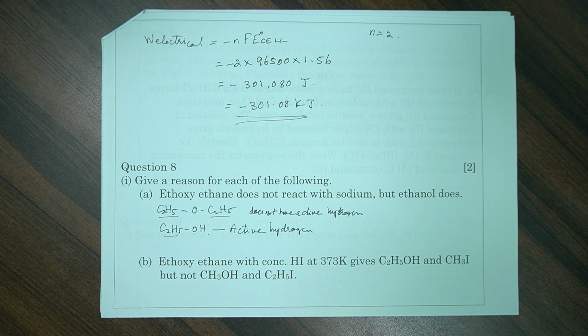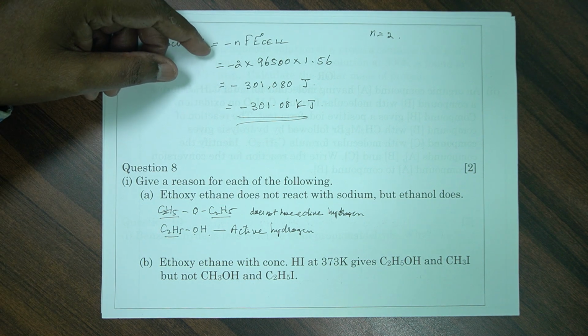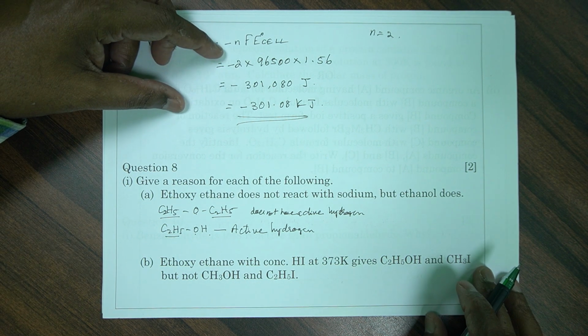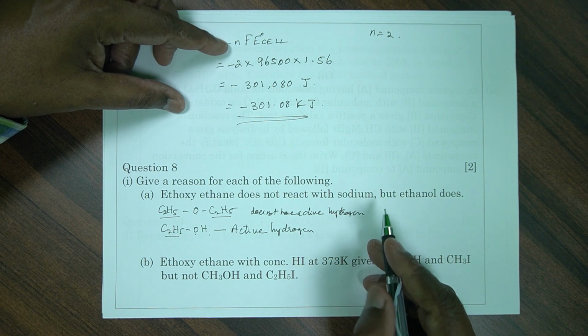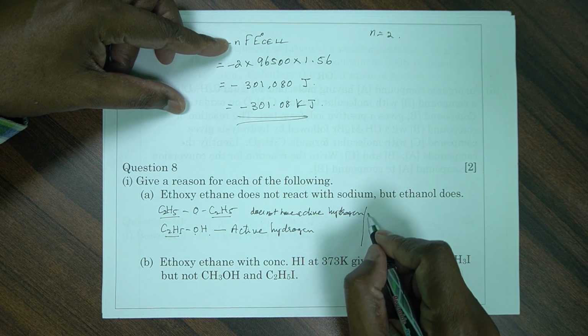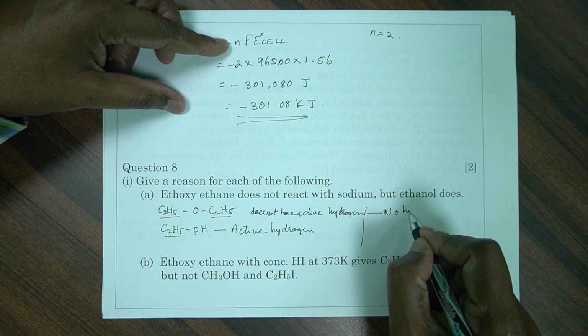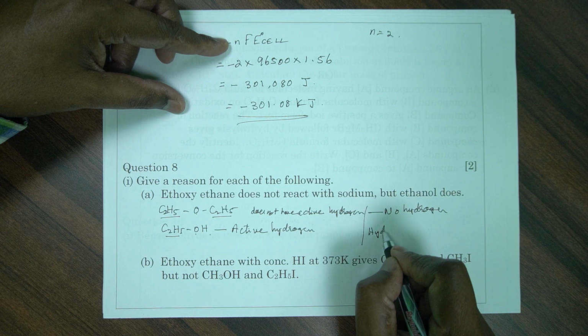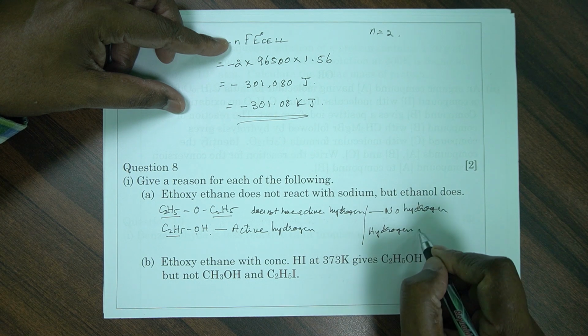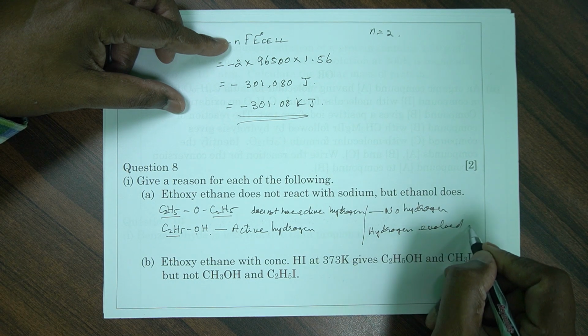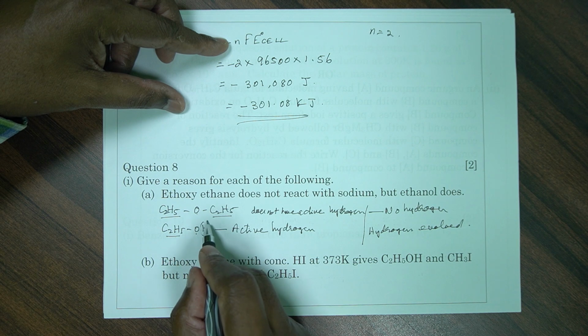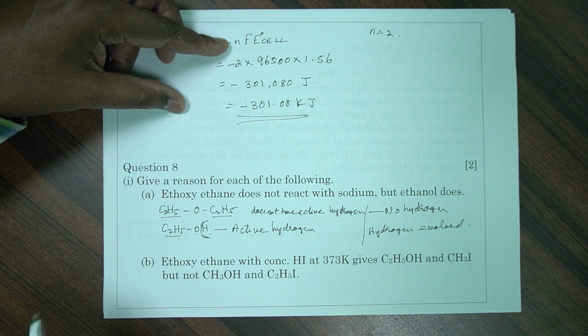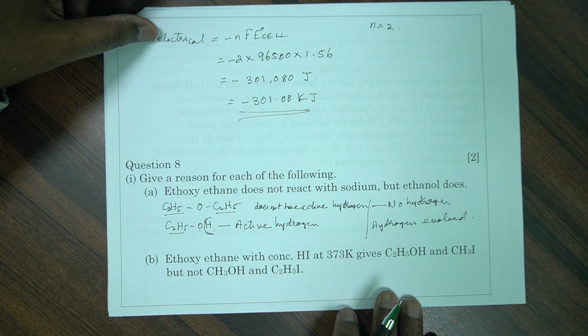The other one does not have active hydrogen. So check both molecules carefully. One of them has active hydrogen, the other does not. Because of the absence of active hydrogen, it cannot liberate hydrogen. So no hydrogen is evolved here, while hydrogen evolves when ethanol reacts with sodium. Sodium can replace this hydrogen; here it is not possible. So that is the reason for this.